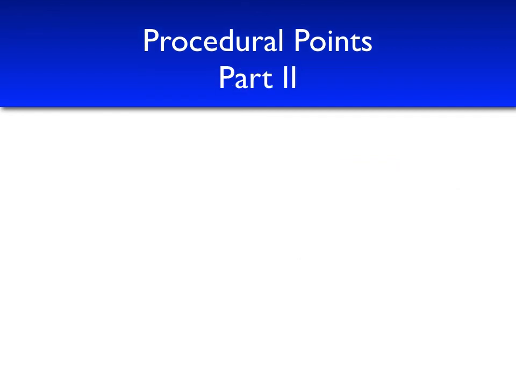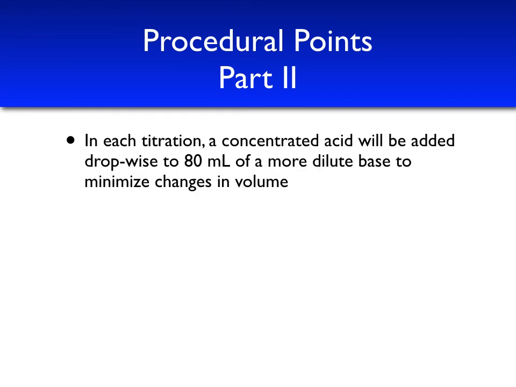For part 2 of the experiment, we'll be carrying out 3 different acid-base reactions. In each titration, we'll be adding a concentrated acid dropwise to 80 milliliters of a more dilute base. We do this to minimize changes in volume, which can also affect the conductivity. Again, we want to make sure that we control our variables so that we're able to look at the trends that we are studying.